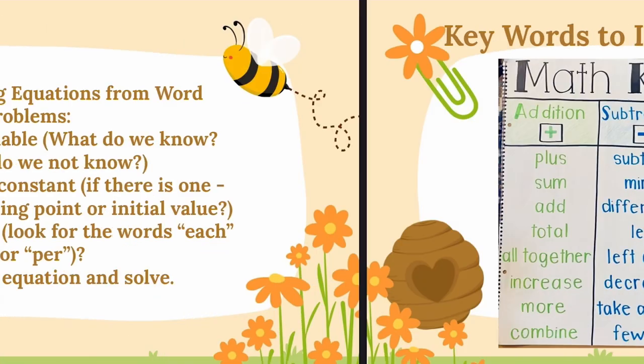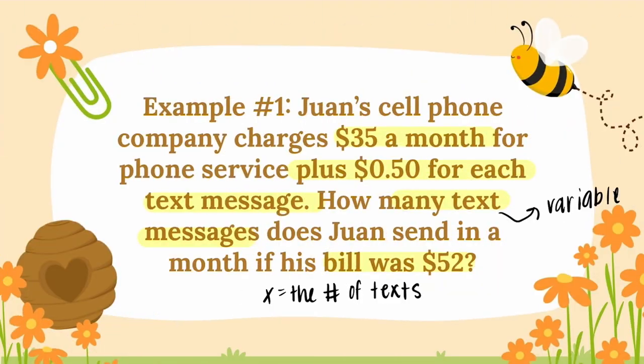And then also the constant is the initial value or the one-time fee. In this case, it's the $35 a month. And it says that this is plus. So the plus indicates to us that this is addition.